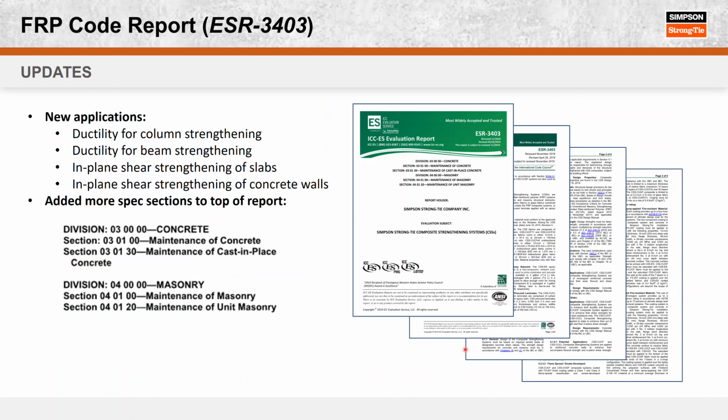So if you use ACI 318 to design a reinforced concrete structure, you have to use the strength of the concrete and the strength of the rebar and use all the design equations to find the strength of the member. And so you rely on the equations to calculate the strength.